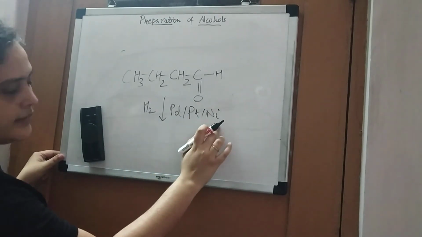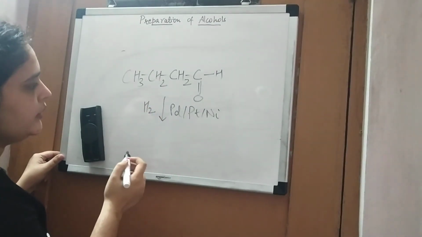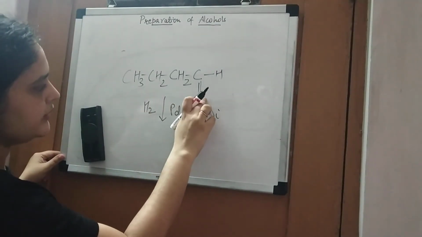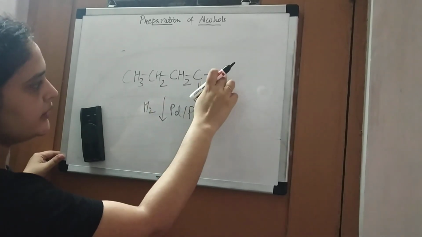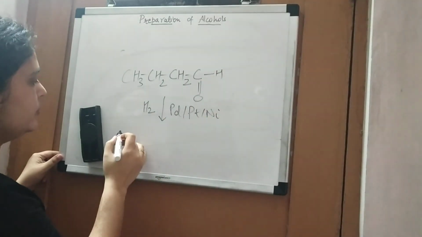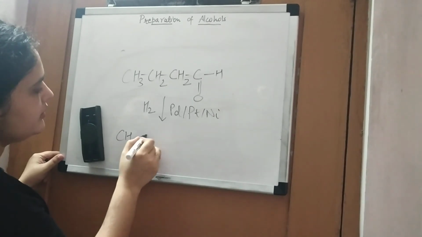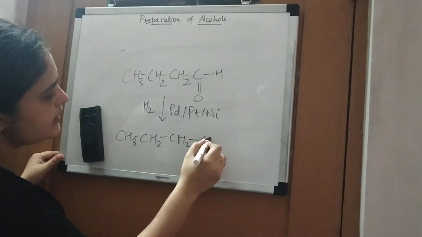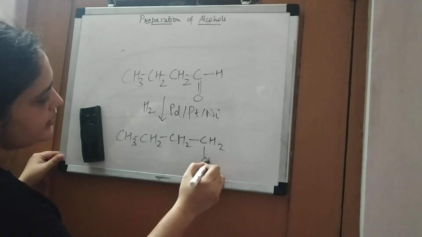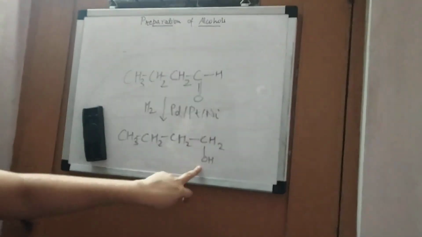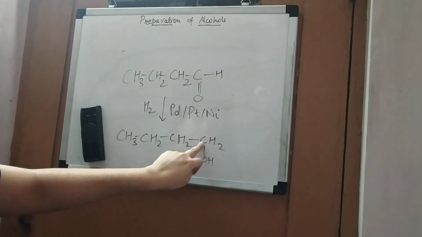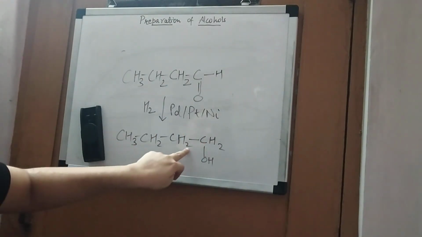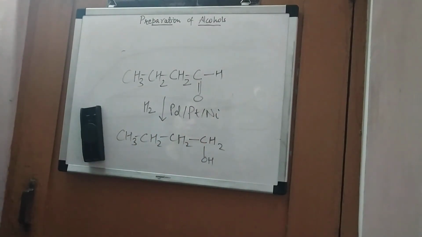You are doing catalytic hydrogenation. What will you get? One hydrogen atom will add here and one hydrogen atom will add here. So you will get CH3, CH2, CH2, CH2 and OH, right? And this is a primary alcohol because this carbon atom is attached to one alkyl group. So this is what you will get.